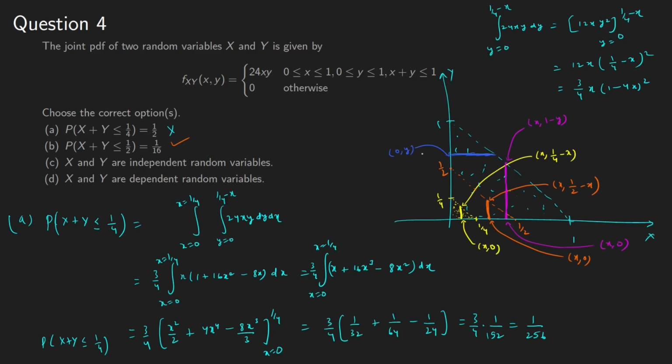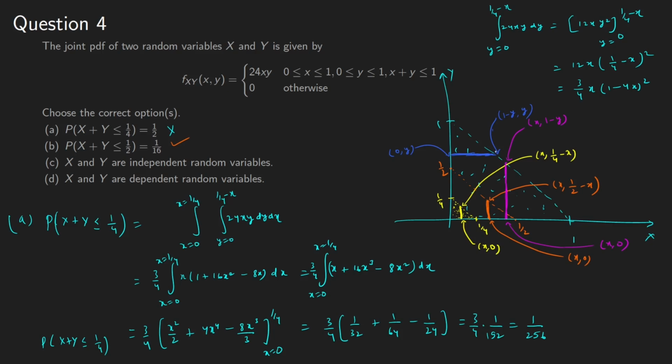We are integrating the joint PDF along this strip up to this point. The y coordinate is just y, and the x coordinate in terms of y will be 1 minus y. So we will integrate from x equals 0 to x equals 1 minus y.